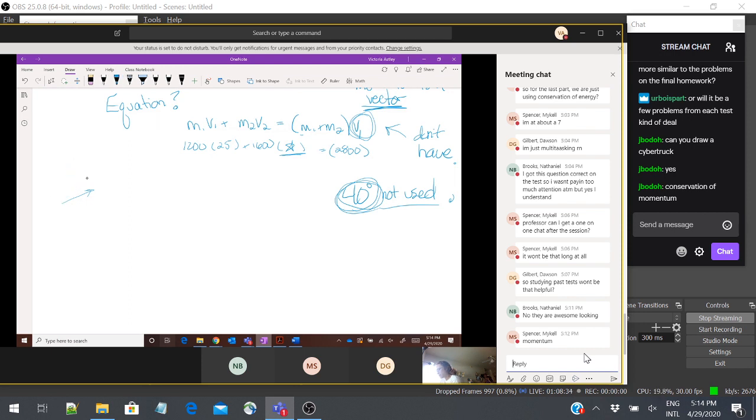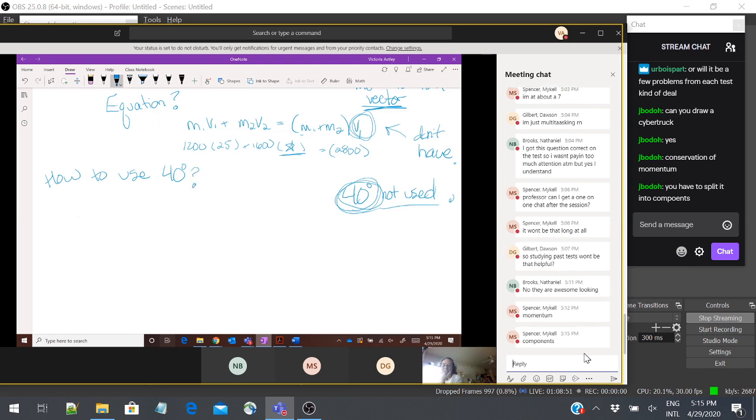So we need to use the fact that it's 40 degrees. Okay, so how can we use that 40 degrees? There's like a bunch of different ways to do this. You have to split it into components. Yes, split what into components?